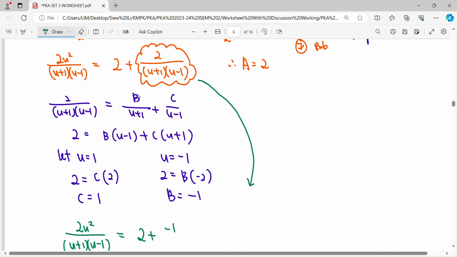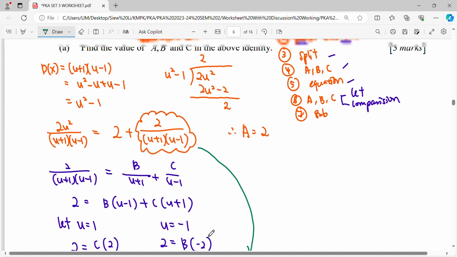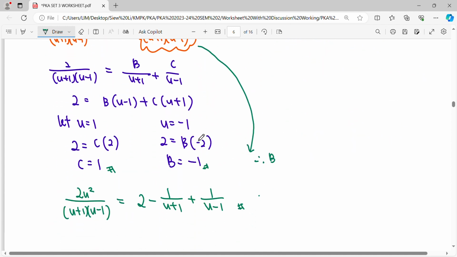So factorizing out the negative, we get negative 1 over u plus 1. Then C is positive 1. So B is negative and C is 1. So the complete partial fraction will be expressed like this. After we find this A, B, C, we then continue to find question b.